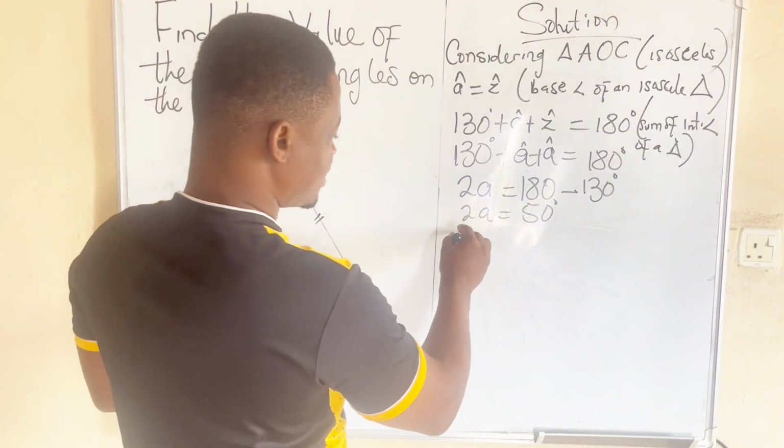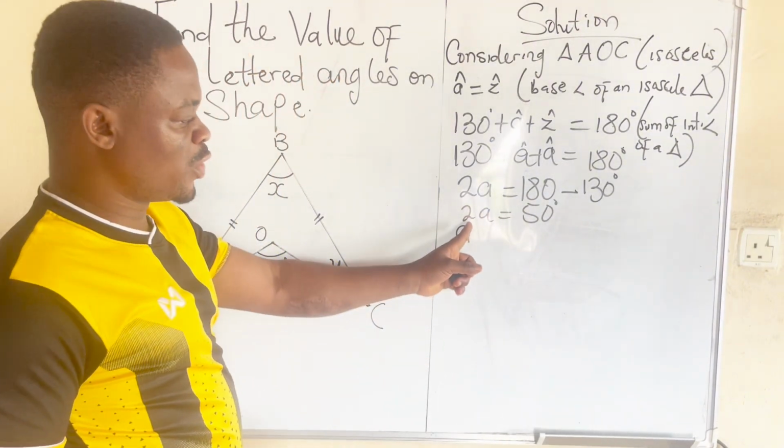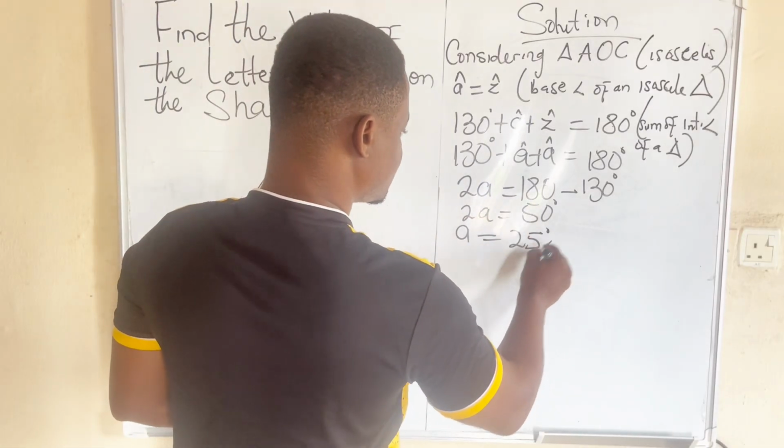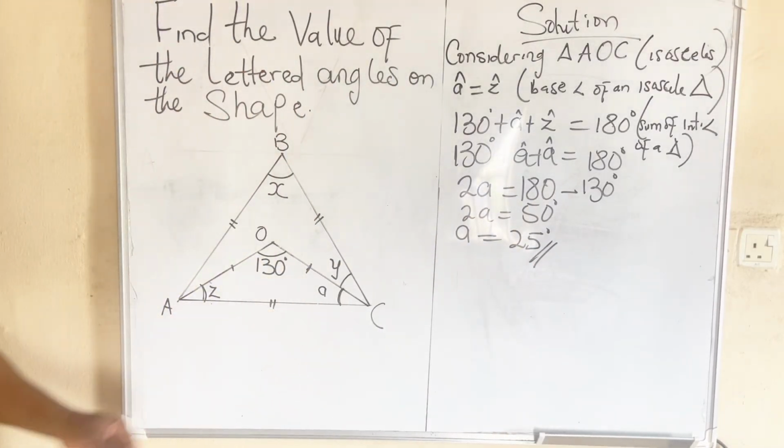This implies that A, by dividing both sides by the coefficient of A, will be equal to 25 degrees. So the value of A is 25 degrees.